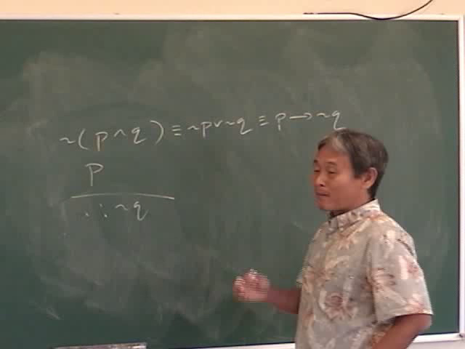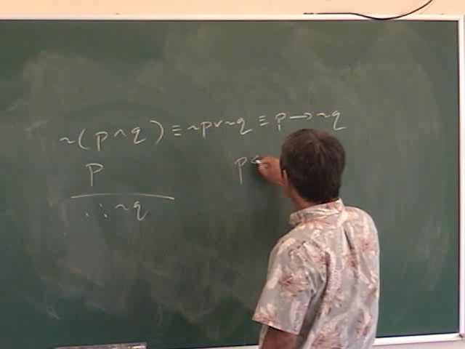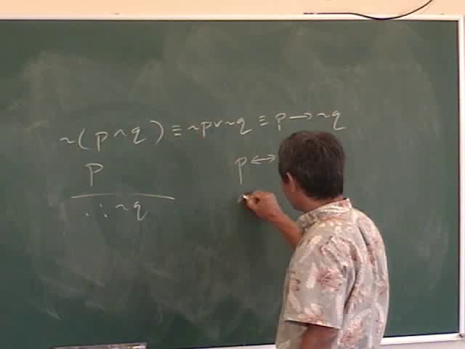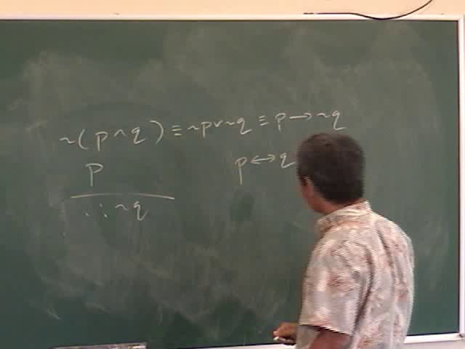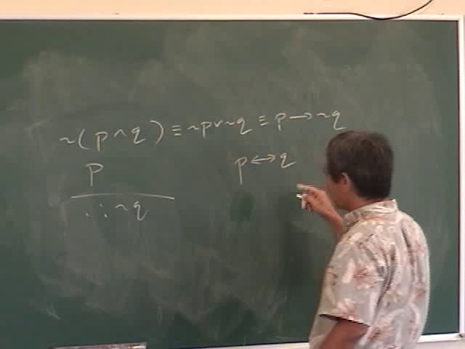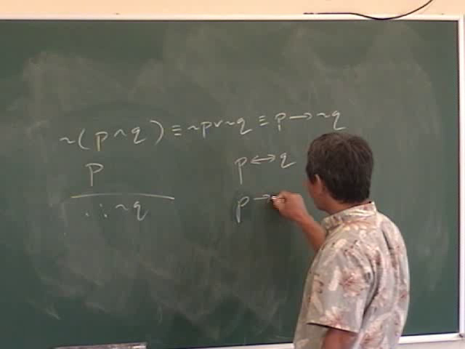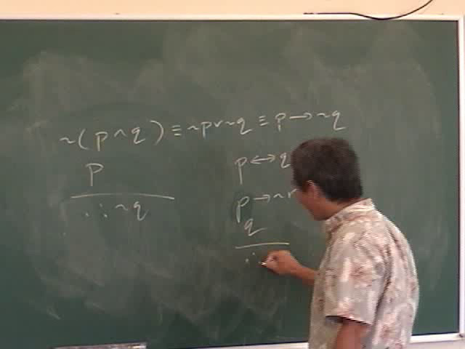Now, when you have a biconditional statement, something like this: P if and only if Q, P implies not R, Q, therefore what?